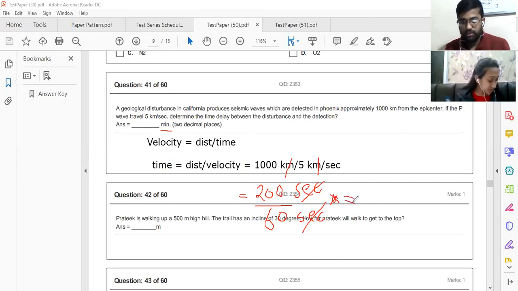So 200 by 60. So 20 by 6, we will get 3.33 minutes. Clear?